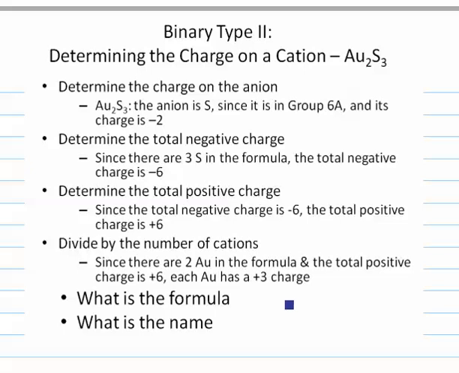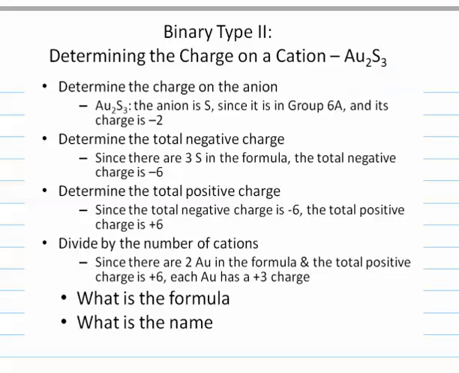We're going to do this by associating the charge of the metal with the charge of the anion in the compound. For example, if we look at this compound, we have Au, which is gold, and S, which is sulfur: Au2S3. In this compound, we know that sulfur, being in group 6A right under oxygen, will tend to form -2 ions.